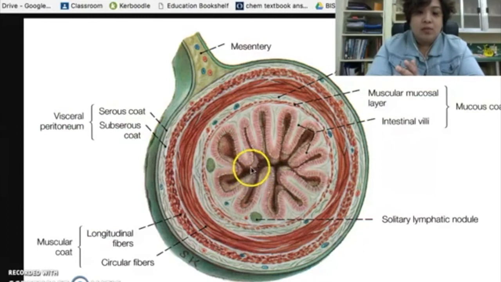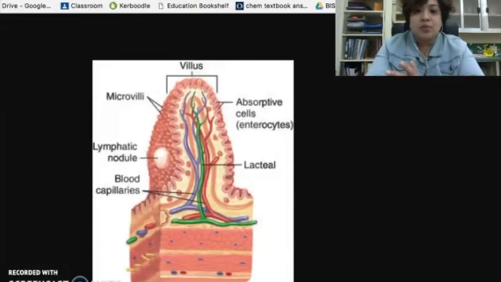So these broken down parts of your food need to pass through the membrane of the cells of the villus and into your blood circulation. Let's look at the other picture earlier. So the food here inside your small intestine, after digestion, will pass through the epithelial cells of your villus and into your blood circulation.